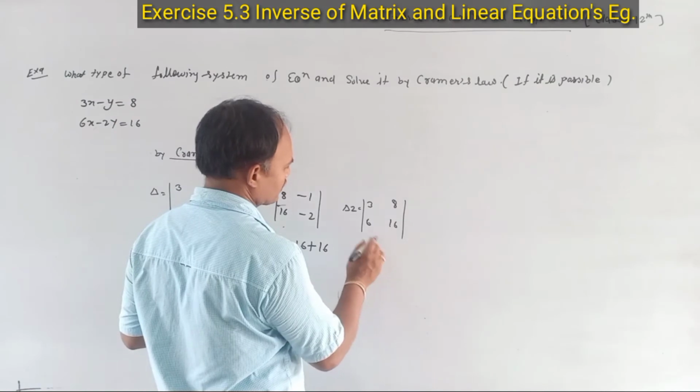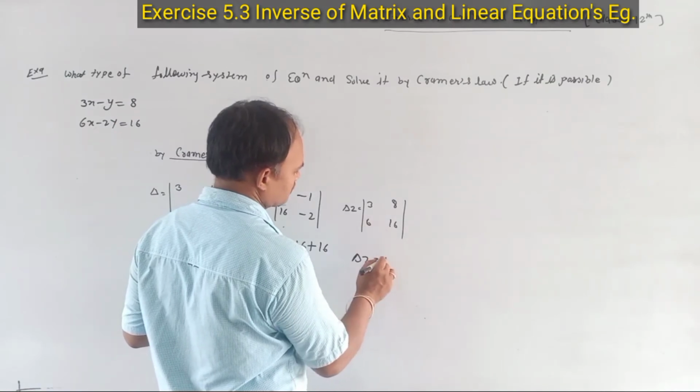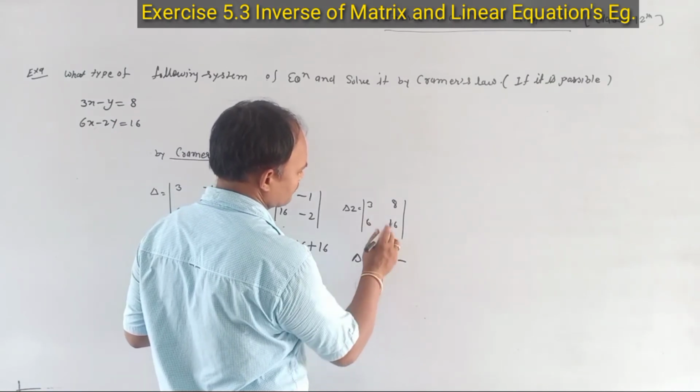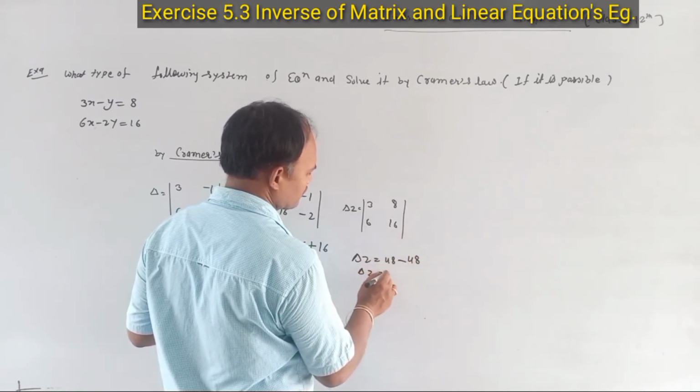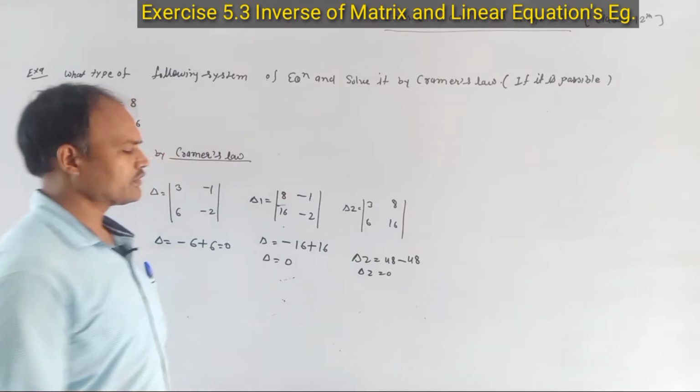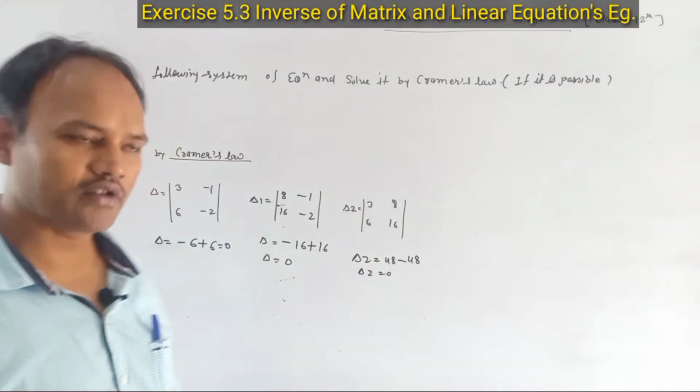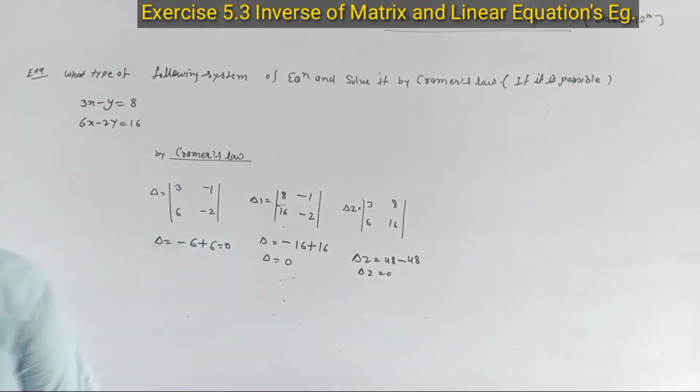Delta 2, it is 48 minus, it is also 0. Delta 2 equals 0. So if delta equals 0, delta 1 equals 0, delta 2 equals 0, when all these values are 0, we can say that the system of equations is inconsistent.